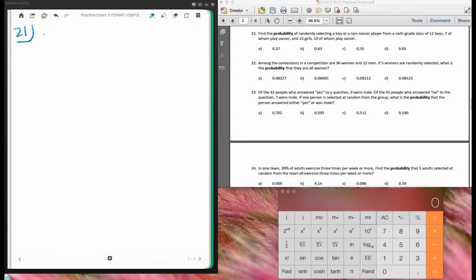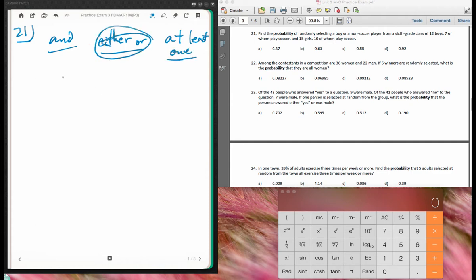Okay, so what we want to do is ask a few questions. Is this problem an "and" problem? Either/or? Is it kind of like "at least one"? In this case, we're looking at either/or.